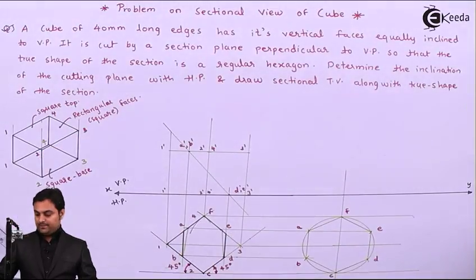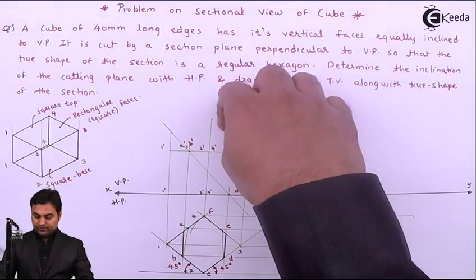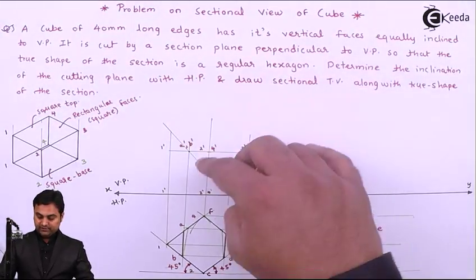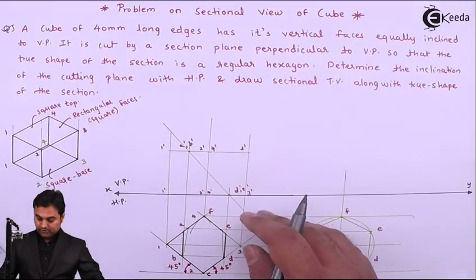This will be the cutting plane. Next, as we are looking from the top, this much portion should be removed and whatever is there behind the cutting plane to be retained.